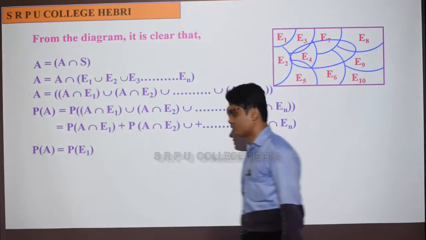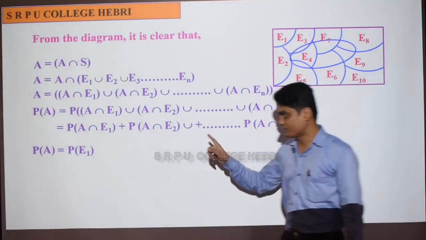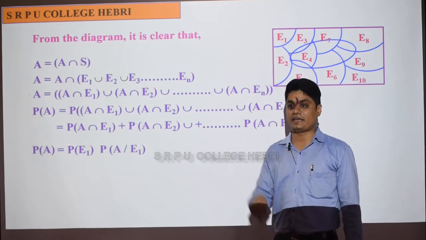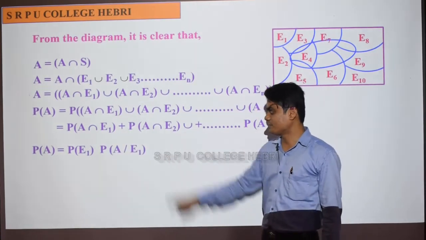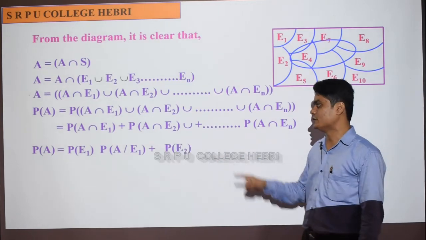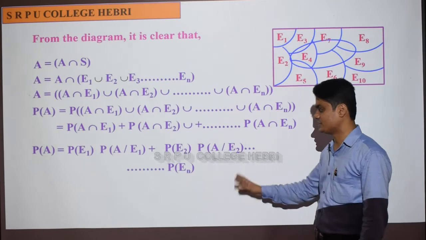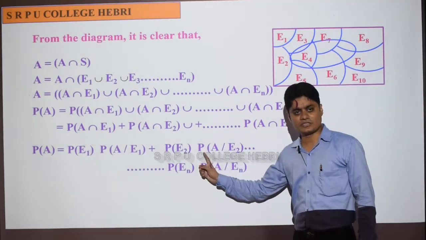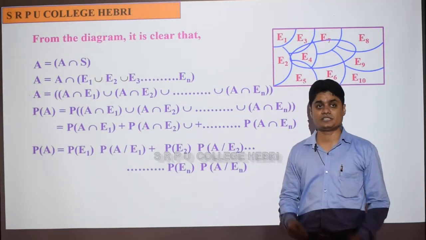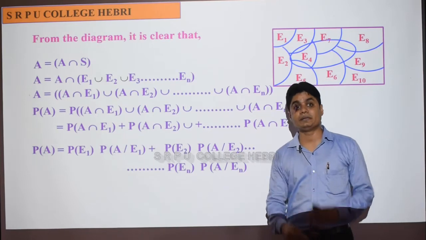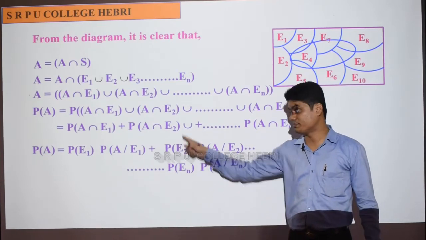Probability of A intersection E1 is also equal to probability of E1 into probability of A bar E1. Similarly probability of E2 into probability of A bar E2, and it continues till the nth term. I explained this concept, please remember.